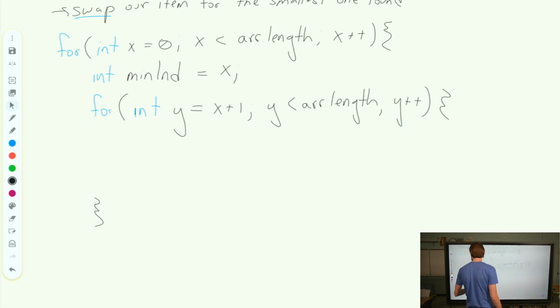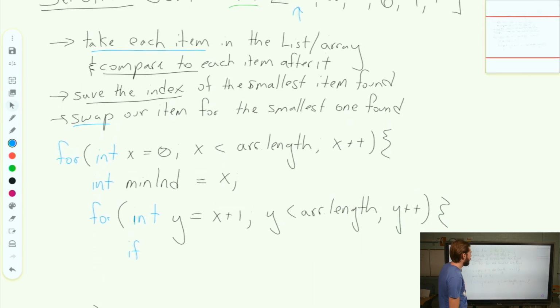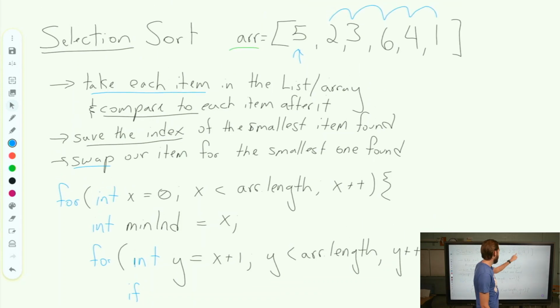We need a quick control statement that says if our position y, so if we're looping through and we find something smaller than our x position, 5, save that index value. Remember where that smaller thing was so that we can use it later. So we're going to loop through, and whatever's smaller than our current value, we're going to save it here.